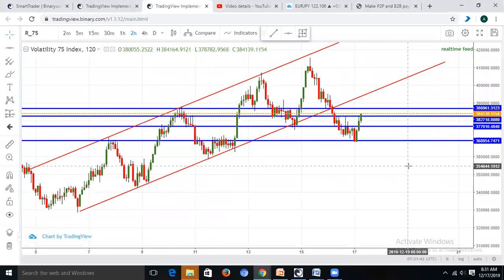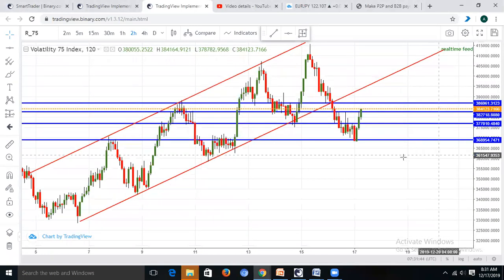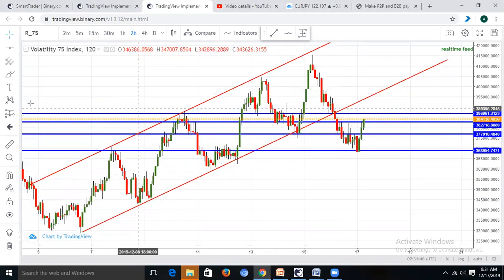Fibonacci on this market right now. Let's see what Fibonacci says about this uptrend.